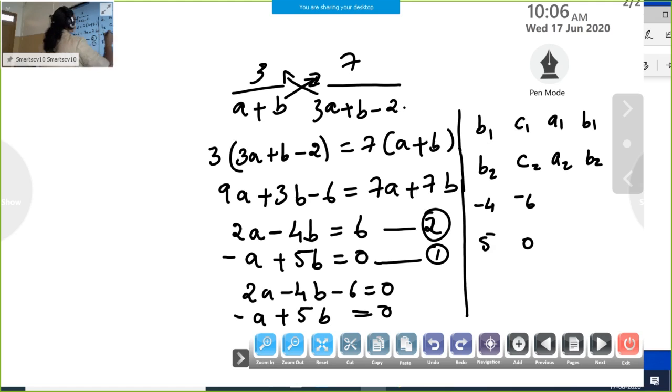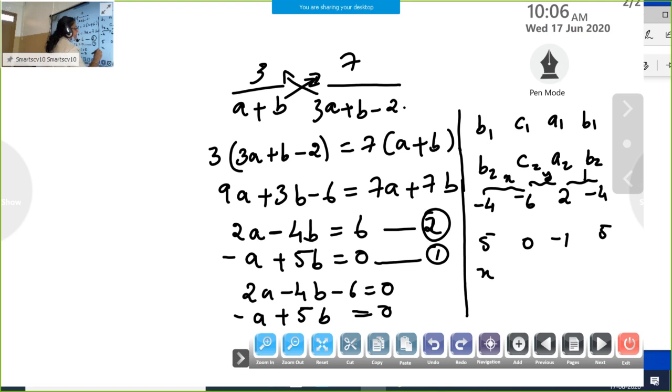Then A1 is 2, A2 is minus 1. Then B1 again minus 4, B2 is 5. This is for x, y and 1.